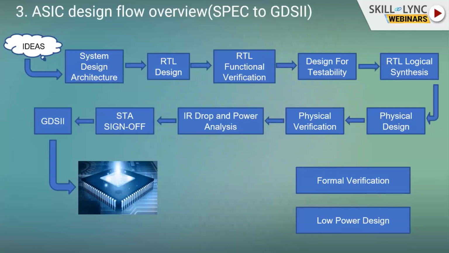Similarly, the RTL code goes to the RTL synthesis team. The RTL synthesis team takes the RTL code, gives all the constraints, which we call STA constraints, and synthesizes it. Here we convert the RTL code, which is similar to C code, into logic code, like AND and OR gates, as you might know. That gets converted in the logical synthesis stage.